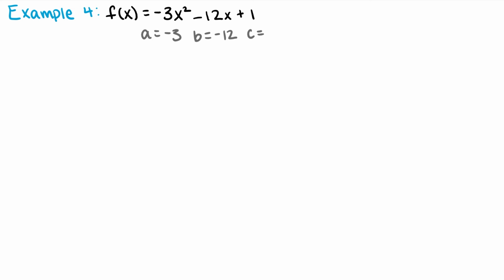Let's take one last example. f of x equals -3x squared minus 12x plus 1. A equals -3, b equals -12, and c equals 1. First, we'll find the axis of symmetry.